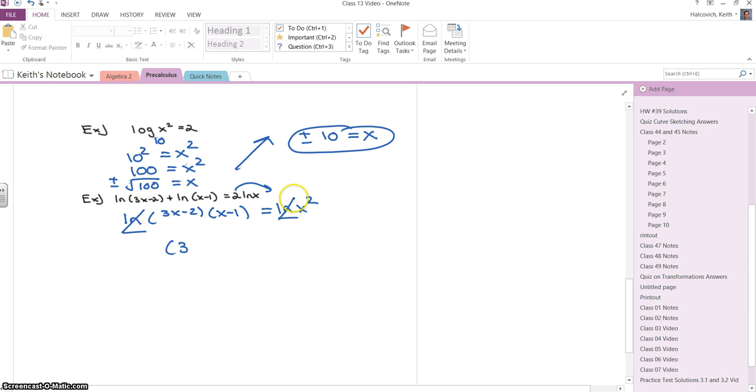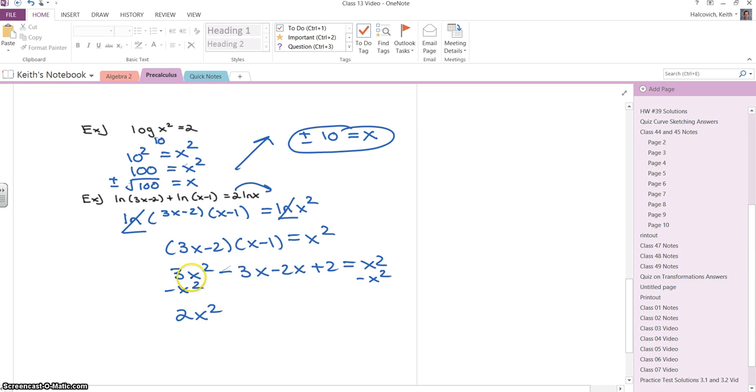So we get 3x minus 2 times x minus 1 is equal to x squared. You FOIL, so you get 3x squared minus 3x minus 2x plus 2 is equal to x squared. Subtract the x squared, so we get 2x squared. Combine like terms, minus 5x plus 2 is equal to 0.